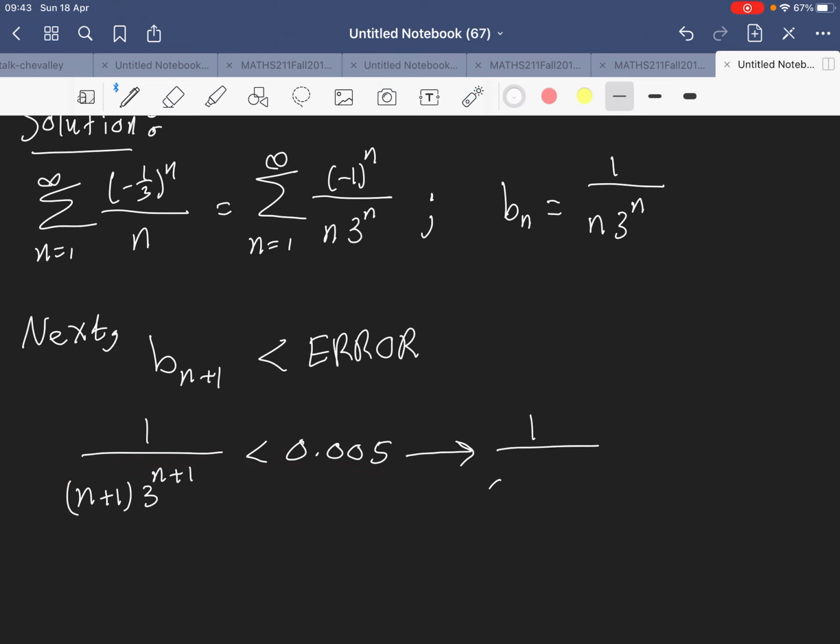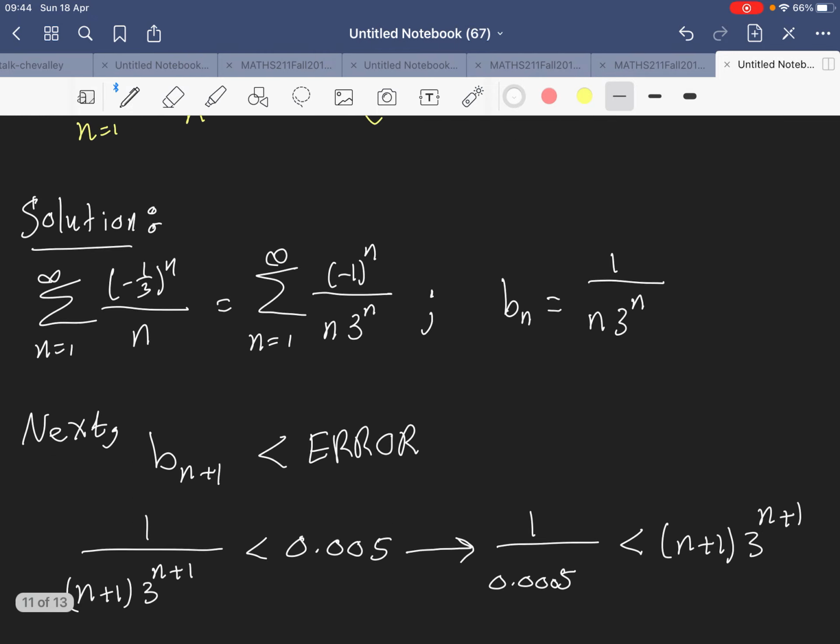This will be 0.005 less than n plus 1, 3 to the n plus 1. Now 1 over 0.005, sorry, is it 3 zeros here? Yeah, 3 zeros.